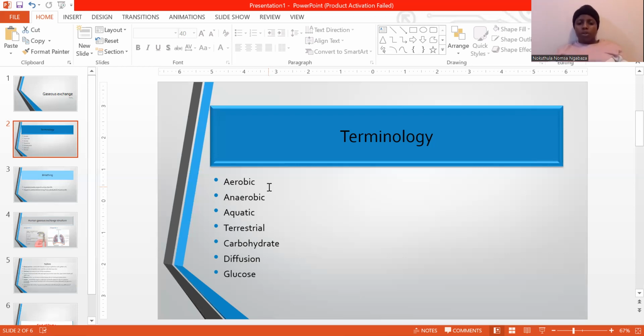Your glucose is an example of a monosaccharide, and we said a monosaccharide is one type of sugar that can never be broken down. Then you have your second type of sugar, which is known as a disaccharide. When it comes to the disaccharide, you're looking at your sucrose. Your sucrose is made up of two sugars that are combined together.